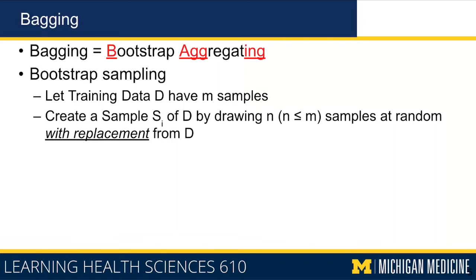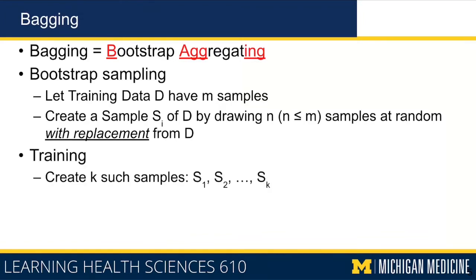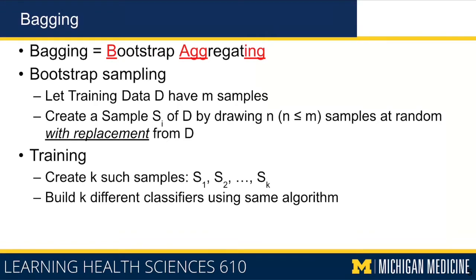Okay, but the main issue here is they are sampled at random but with replacement from D, which means that you may have the same instance occurring more than once in your sample. Empirically, we have shown that about 63% of the sample set created this way is unique. So that means about 37% of the samples is actually a duplicate of something that's already there. But that is an excellent mix to find a new classifier every time.